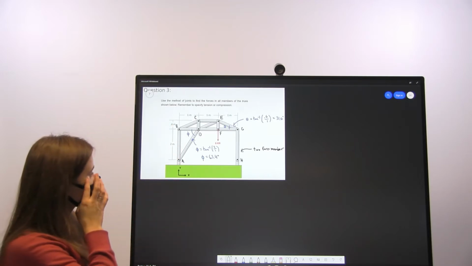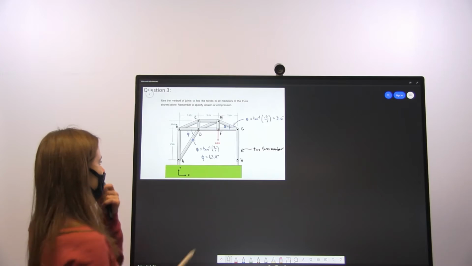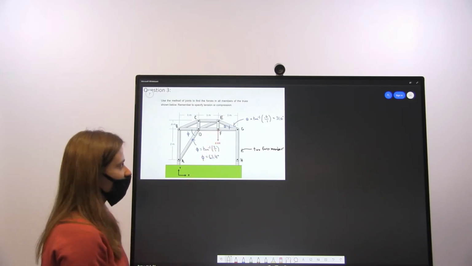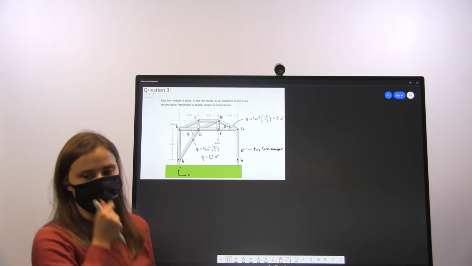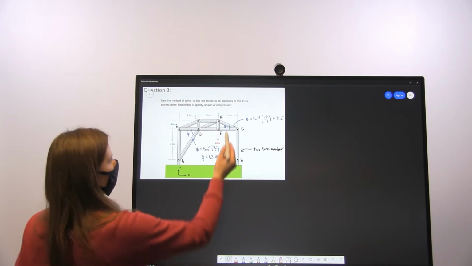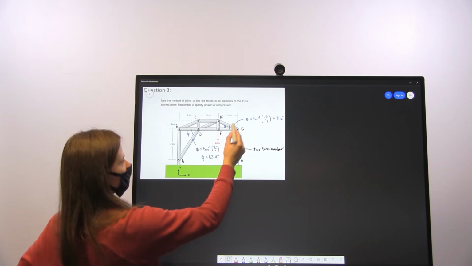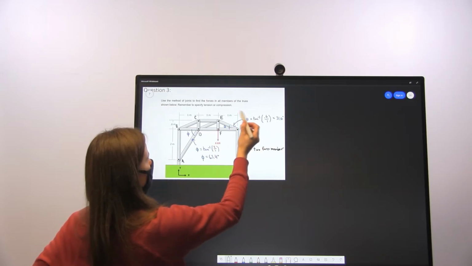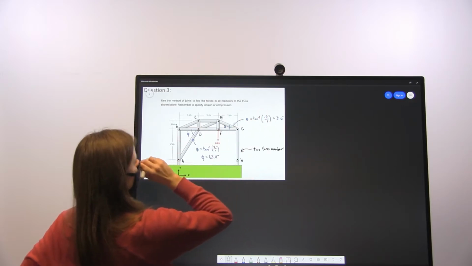And then it's also a good plan of action to find any of the angles in this truss that are going to be repeated or that we're going to need in any of the method of joints equations. So right here we have theta. To solve that, we're going to do inverse tangent of opposite over adjacent.